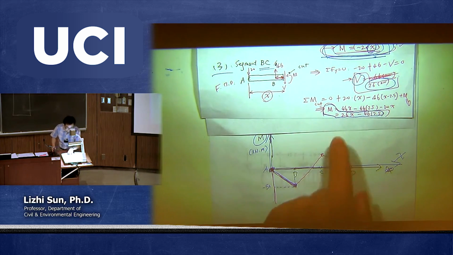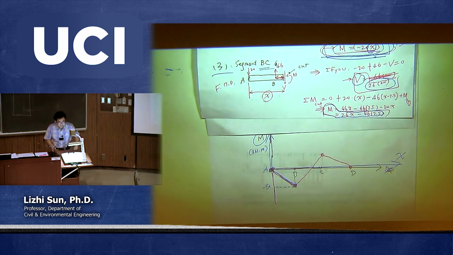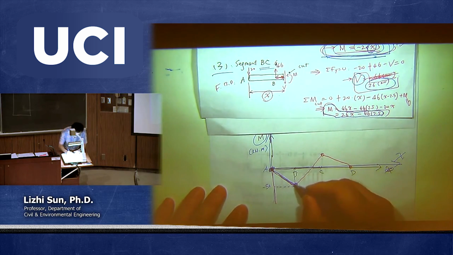So you punch your calculator, 26 times 2.5 minus 46 times 2.5. And the answer is negative 50. Okay, so it's negative 50. You start from this point.